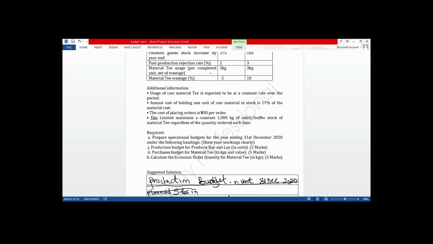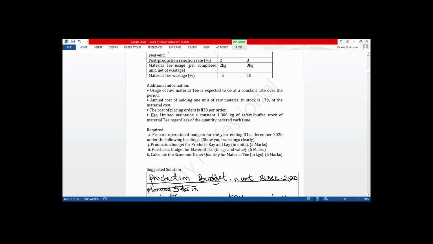So 100% minus 2% remains 98%. So if you produce 100, 2% of it will be rejected. That means your good production, the quality standard, is 98% for product K. We can now use this to derive our figure.